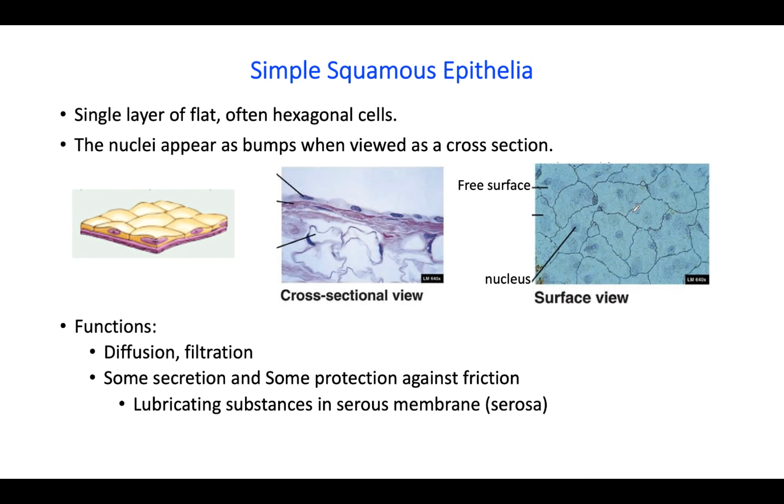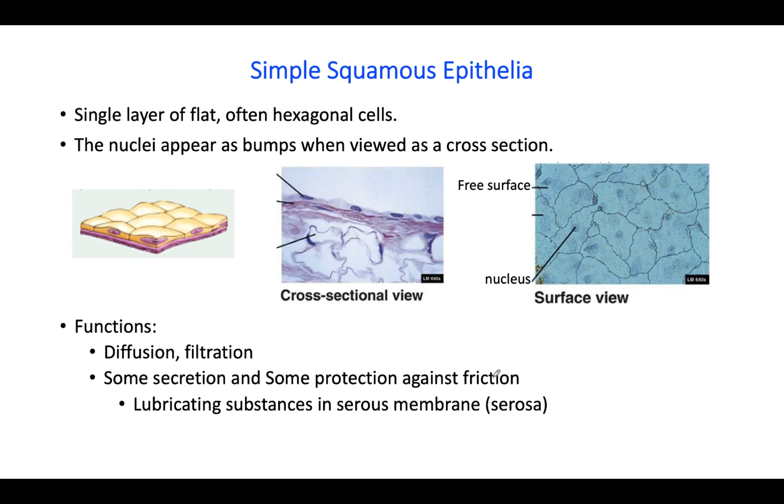Because of the thinness of the cell, simple squamous epithelia is present where rapid passage of chemical compounds takes place by way of diffusion and filtration. Some simple squamous epithelia make a very smooth surface by secreting lubricating substances.